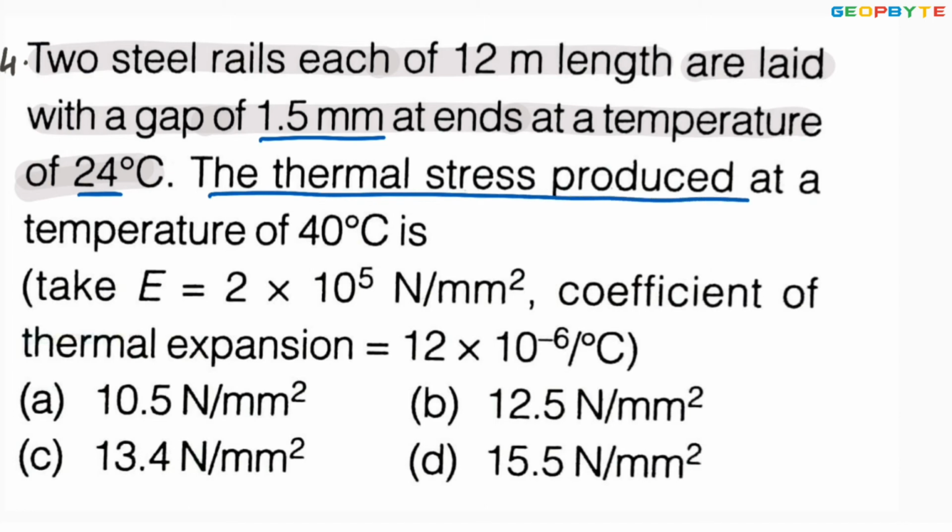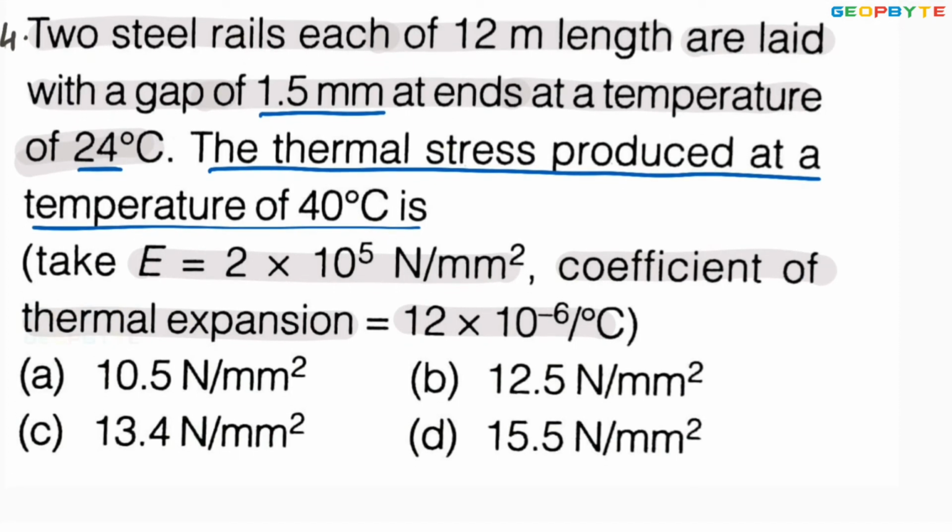The thermal stress produced at a temperature of 40 degrees centigrade. As the temperature increases from 24 to 40 degrees centigrade, you are asked to find the thermal stresses or temperature stress. In the other data, Young's modulus is given 2 into 10 power 5 Newton per mm square, and coefficient of linear expansion 12 into 10 power minus 6 per degree centigrade.